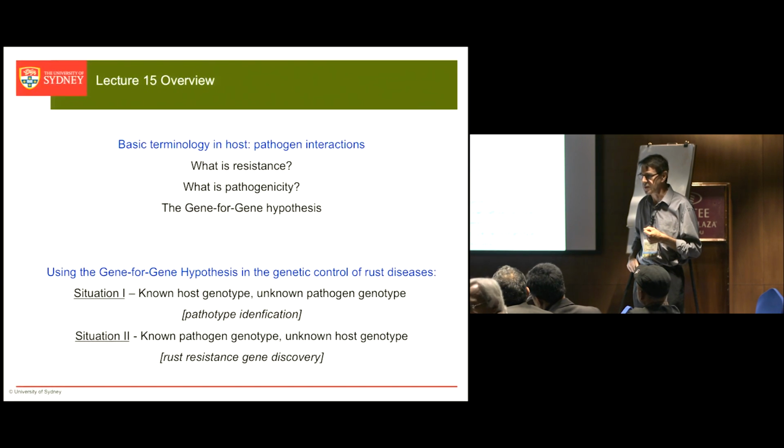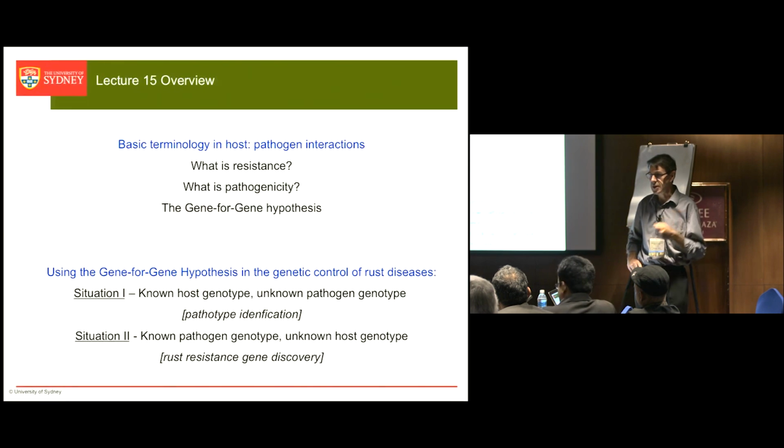Race analysis, identifying races or pathotypes, we are using the gene-for-gene hypothesis to do that, right? And when we're finding new sources of resistance like the ones that Gordon mentioned, the new resistance genes, again, we use the gene-for-gene hypothesis to do that. So it forms the basis of pretty much all the work we do. Very simple concept, but it has very far-reaching implications.